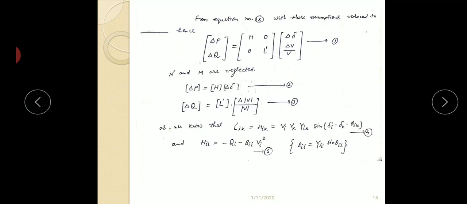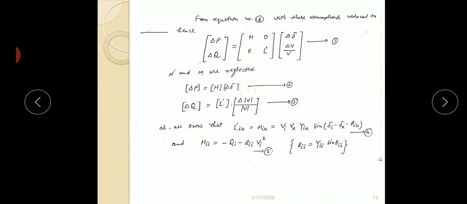Okay. Now from equation number 18 in our method, we have this equation for delta P and delta Q. Here N and M are neglected, right? So equation number 2, delta P equals this, and equation number 3, delta Q is this.